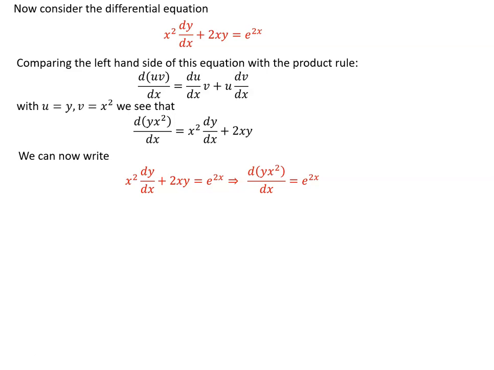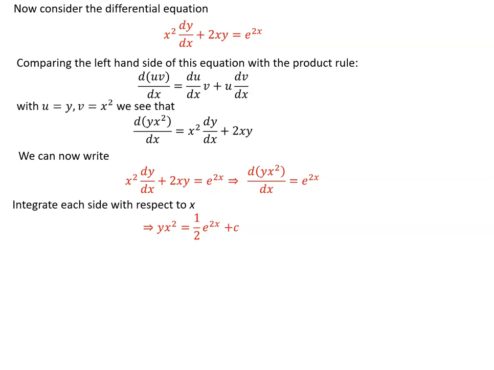Now we can integrate each side of this equation. So if we integrate a differentiation, we just get back to what we originally had, which is y times x squared on the left-hand side, and on the right-hand side, integrating e to the 2x, we get a half e to the 2x plus, and this is important, a constant of integration.